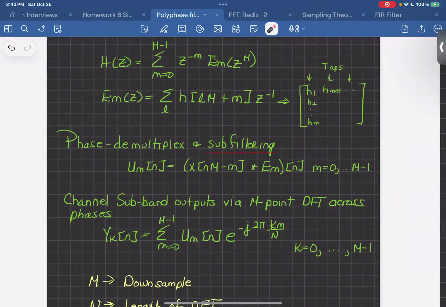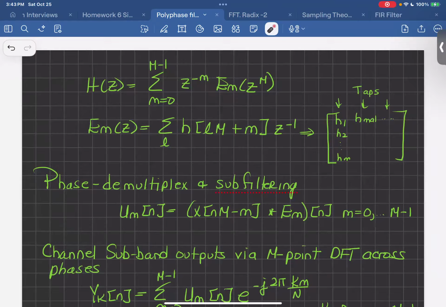Now, more equations, yay. All right, so now we got our filter, and we have downsampled our filter. That's why we have this M here. We have downsampled our filter. We have our subfilters here. And we have described what EM of the Z is in terms of our single low pass prototype filter impulse response.